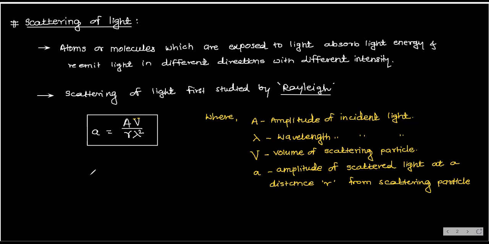I will show you one diagram, then you will understand clearly. Let us suppose this is a light wave. Listen carefully to how I am drawing it for your understanding.